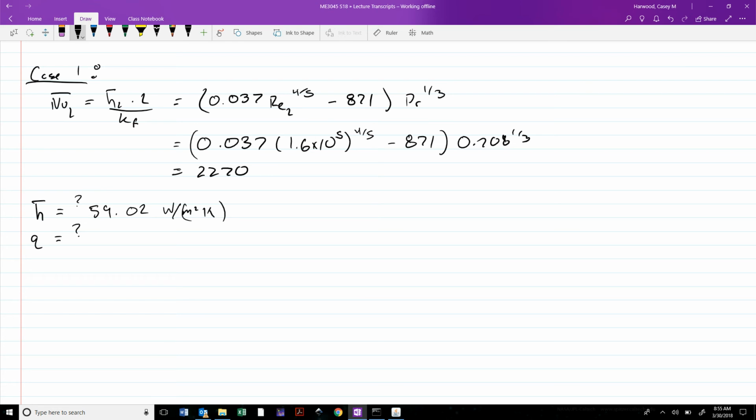We're looking for h bar equal to that Nusselt number times k_f over L. So that would be the fluid, 0.026 watts per meter Kelvin, and L here would be 1 meter.